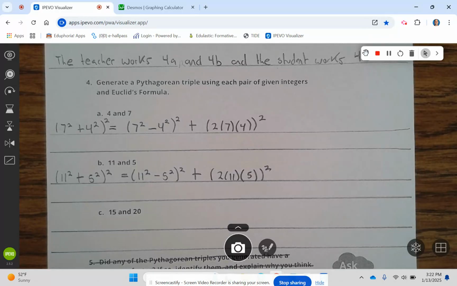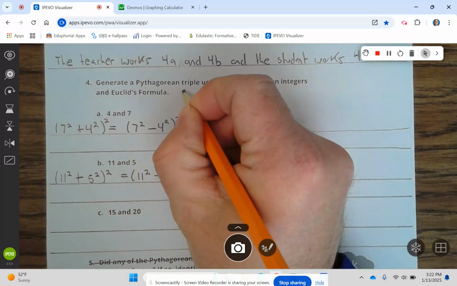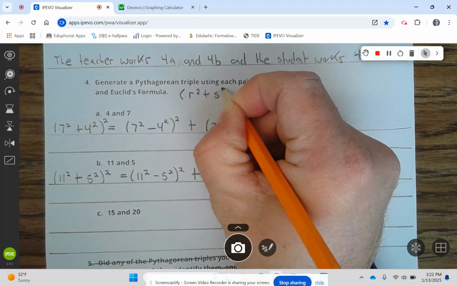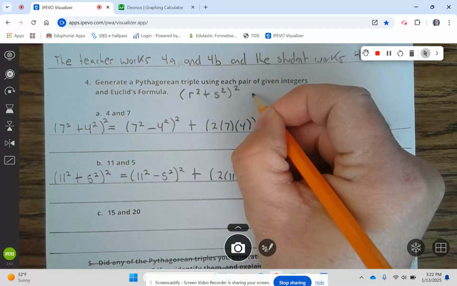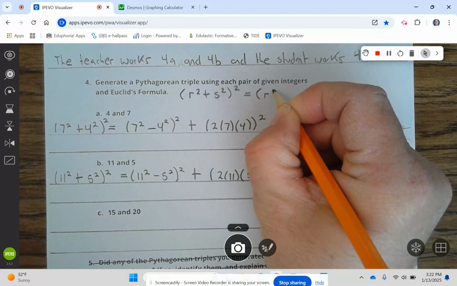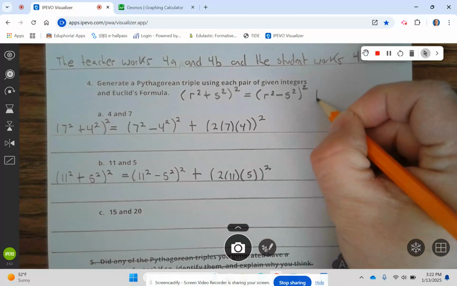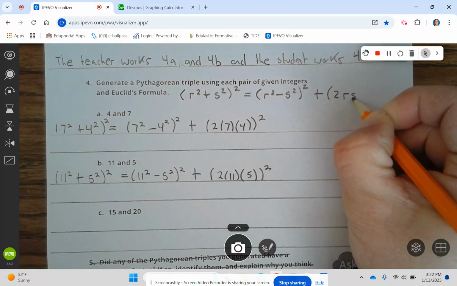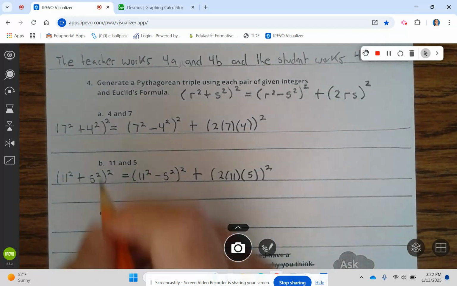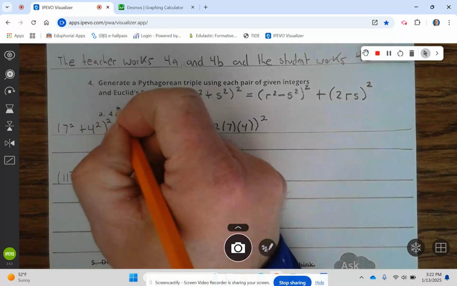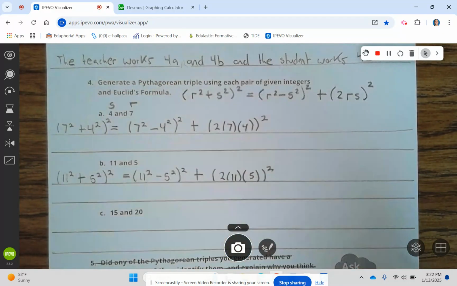Generate a Pythagorean triple using each pair of given integers and Euclid's formula, which is r squared plus s squared, squared equals r squared minus s squared, squared plus 2rs, squared, where this is r and this is s.